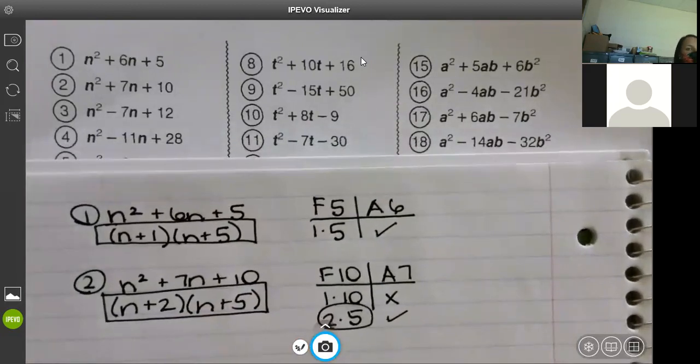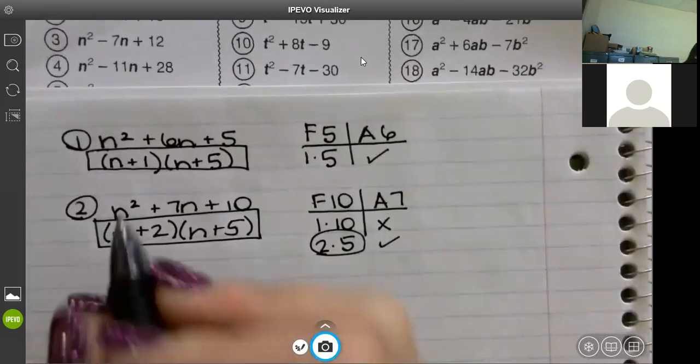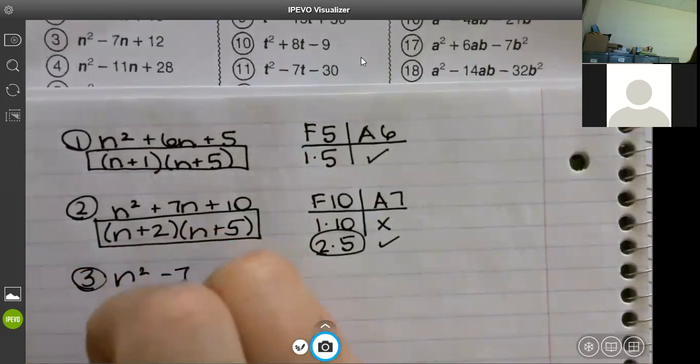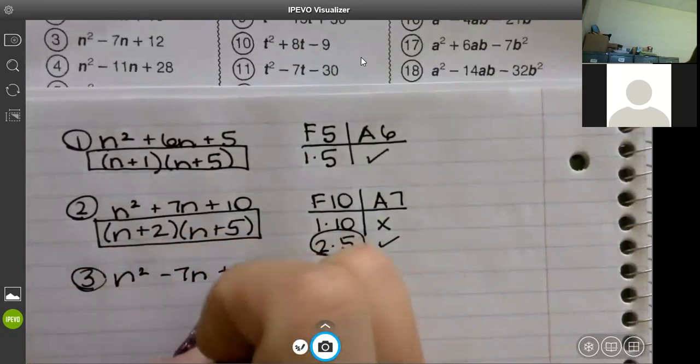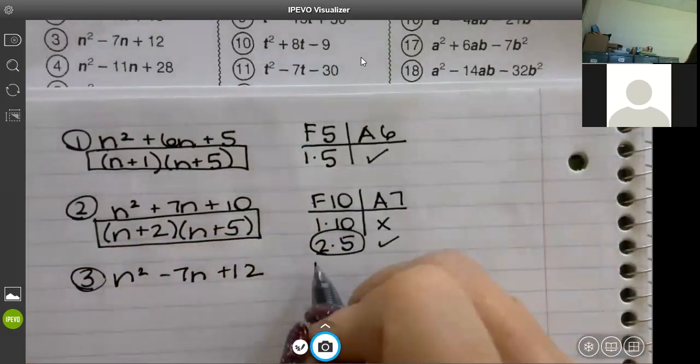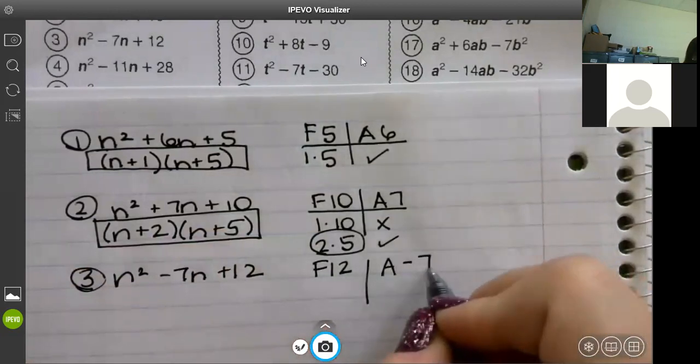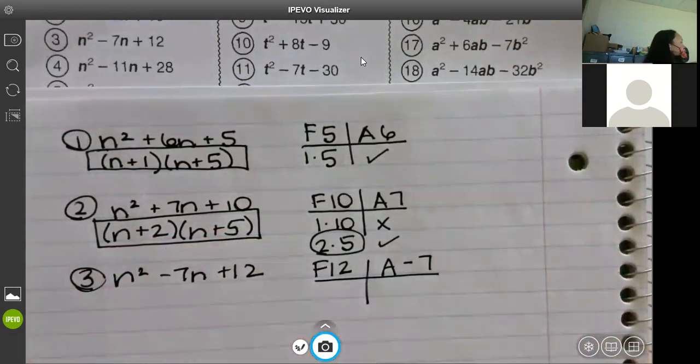All right. I'm going to do one with a minus. I'm going to do number 3. We have n squared minus 7n plus 12. I need factors of 12 that add to negative 7 this time. And remember, you can do this in your calculator in y1 and y2 like I showed you, and that's fine.